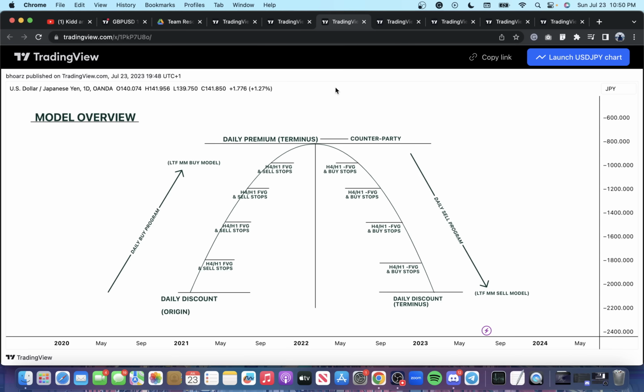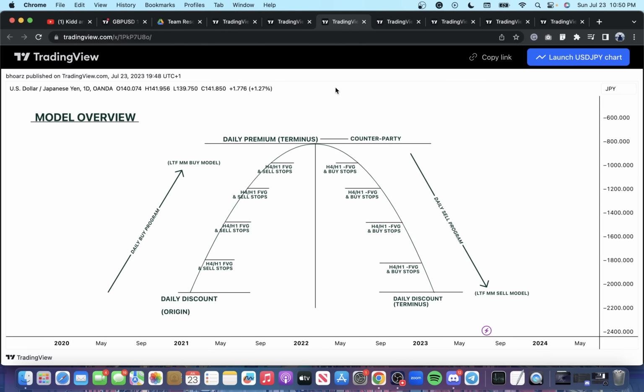Now, even though we're trading day trades or intra-session trades, our sentiment stems from daily order flow. Without the daily order flow, our model is useless. Our model has no value if we don't understand where the daily candle is supposed to expand up or down into.